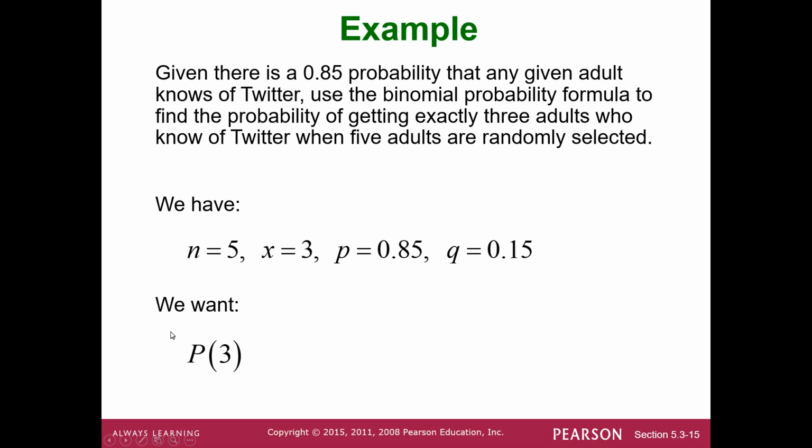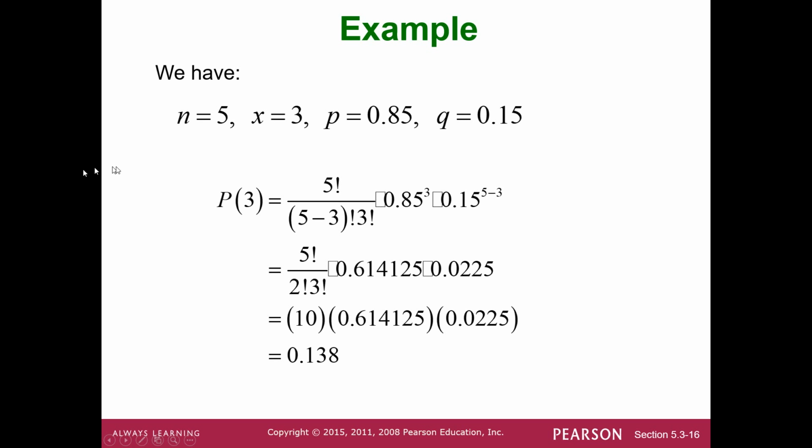And so now we're going to apply that formula, a big old formula, and this is what it means. The probability of getting exactly 3 is 5 factorial over 5 minus 3 factorial times 3 factorial, times 0.85 to the 3rd, times 0.15 to the 2nd. So it's listing all the combinations. It turns out the number of combinations is 10. The probability of 0.85 to the third power is 0.614.